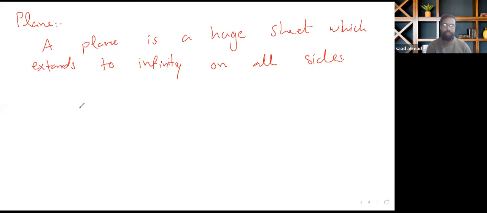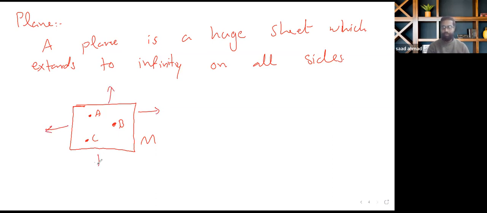Let's say we have a sheet like this, all right? Let's say it has some points A, B, and C, and you can also name this whole thing as M. So you can imagine that this sheet is extending to infinity on all sides. That's a plane, right?